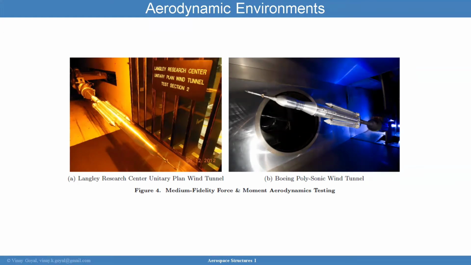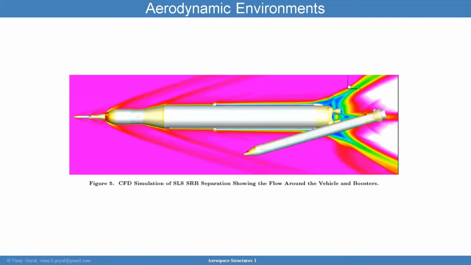Looking forward here, we have the aerodynamic environments from booster separation aerodynamics. What we're seeing here is a side rocket booster separating from the SLS, and this is going to provide some amount of loading conditions into the vehicle due to this separation event.